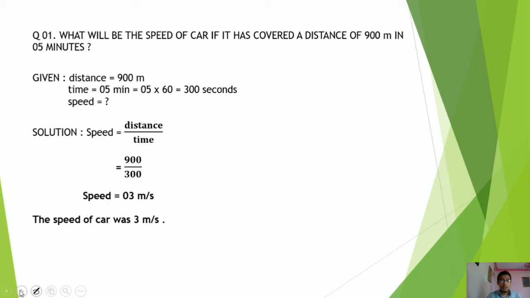To begin with, let me clear some basic concepts or tips that I want to give you while solving a numerical. Whenever you are going to solve a numerical, you have to read the question carefully. We have to find out what terms are given in the question, and what the requirement of that question is, what we have to find.